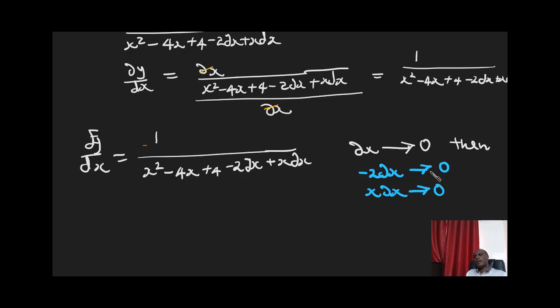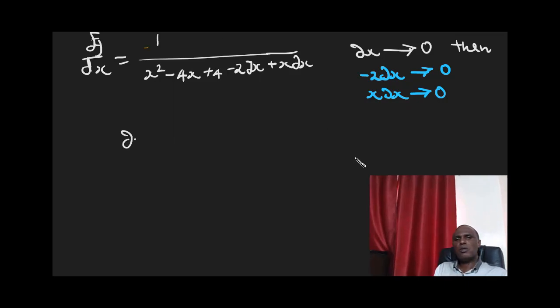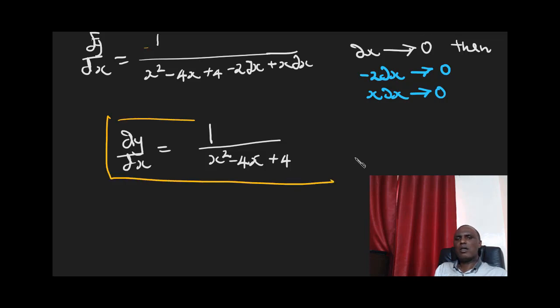So when the two values approach 0, dy over dx now reduces to 1 over x squared minus 4x plus 4. And that is the way we get dy over dx of a function from first principles. That is the answer.